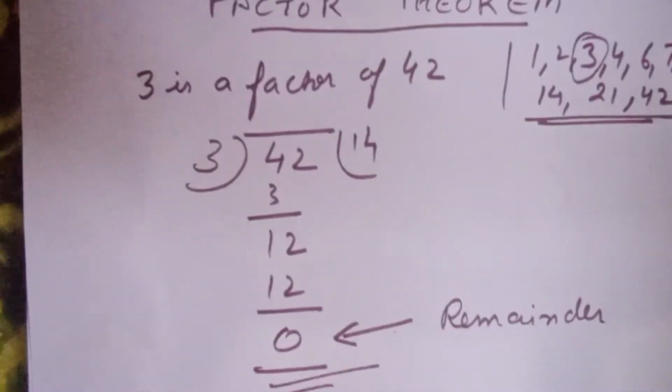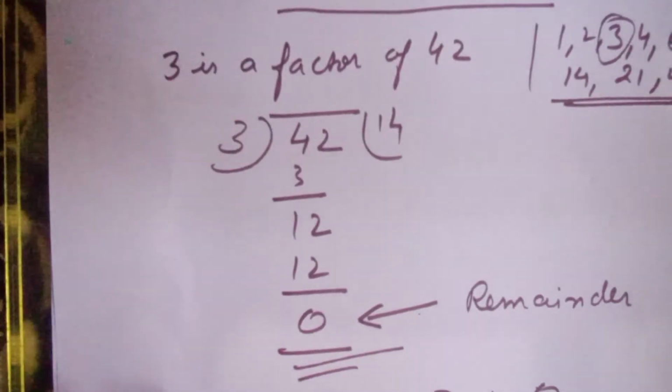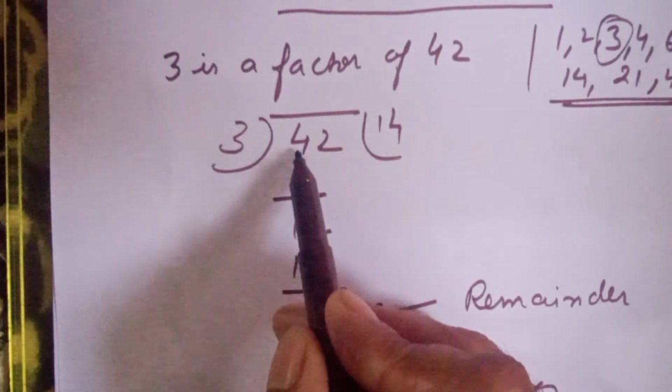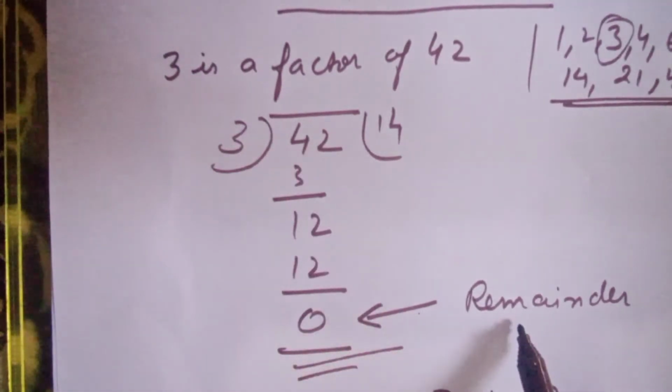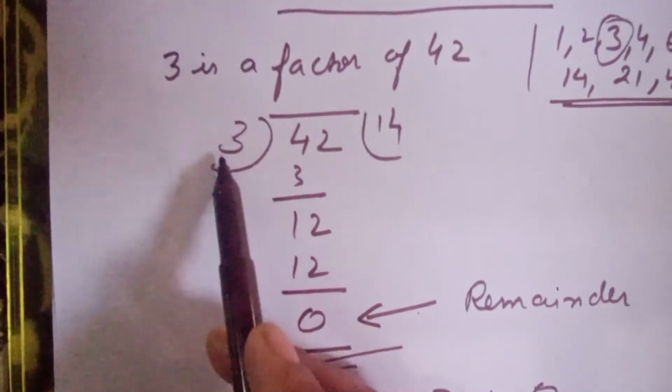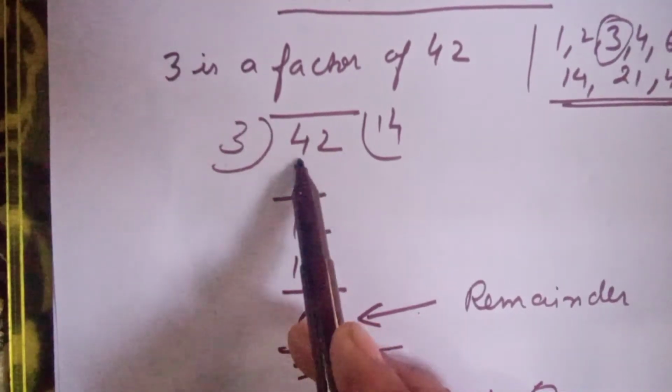That is what we have learnt. So one final time, 3 is a factor of 42 because the remainder is 0. When the remainder is 0, then the divisor is a factor of the dividend.